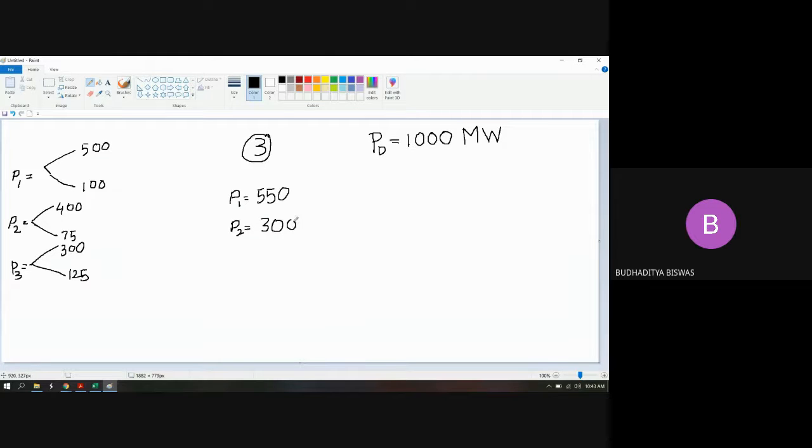So this one is 300, and P3 is how much? 1000 minus these two. 550 plus 300 is 850, so it is equal to 150 megawatt. So you got it after applying the coordination equation or the economic generation criteria on that particular problem.